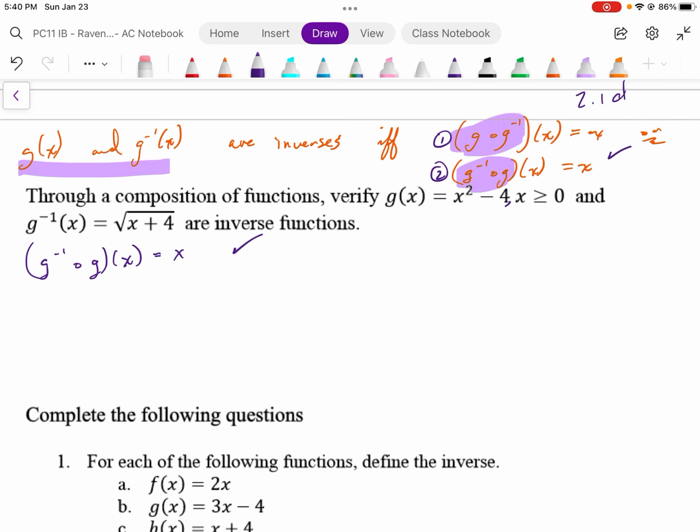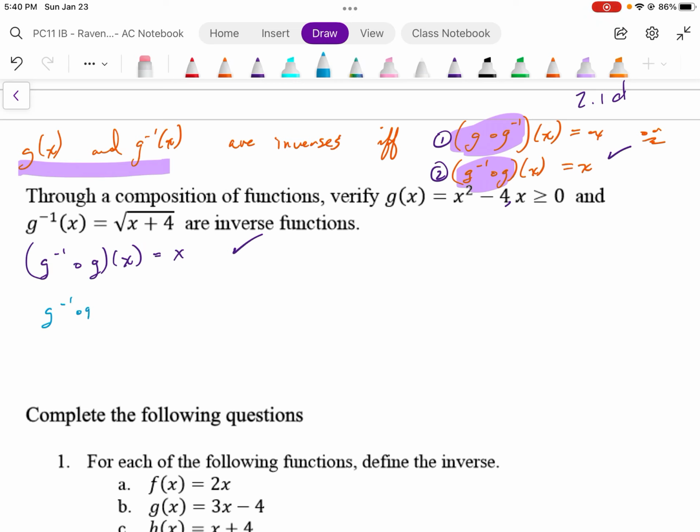So I'm going to start off by writing g inverse of g of x, and g of x is simply x squared minus 4. Now I need to see, pardon me, this is getting a little bit sloppy.